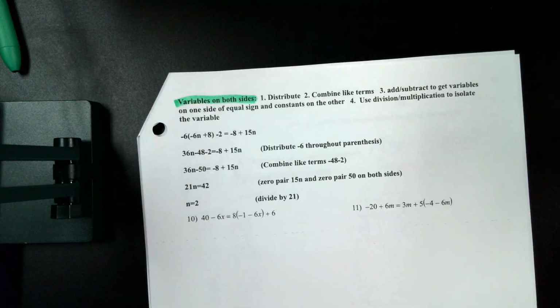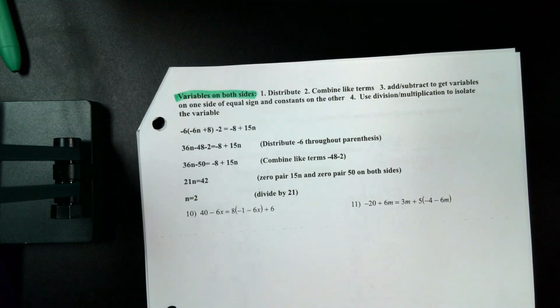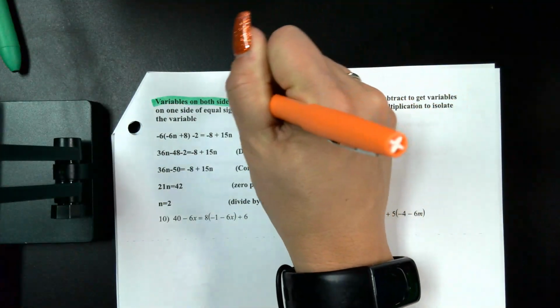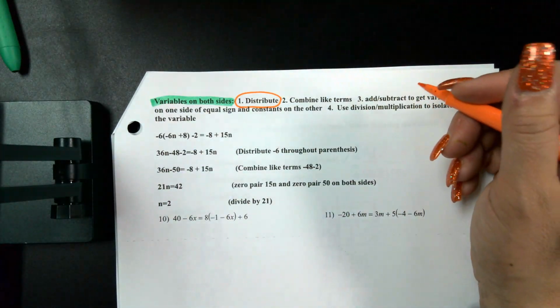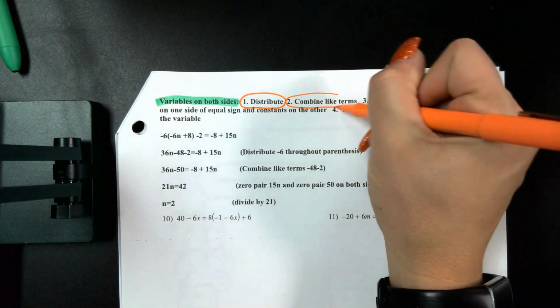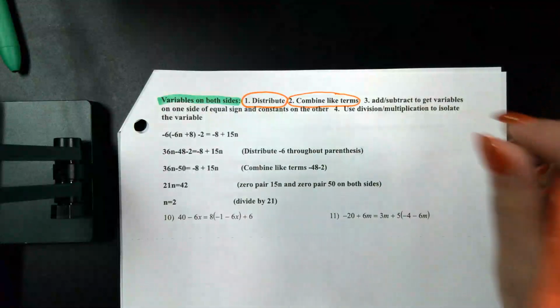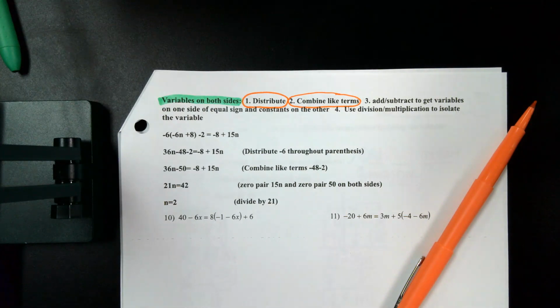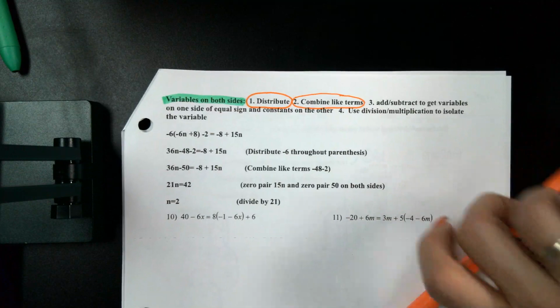Okay, so the only difference here is we're still going to start off by, if you see any kind of parentheses, we still have to distribute first. If there are like terms, I'm going to go ahead and combine them. And this time you might have like terms on the left that you can combine, and you might have some on the right that you can combine. So we're still going to look at both sides to see if we can do that.